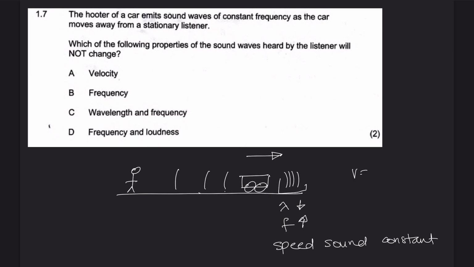Remember, v equals f times lambda, right? If the car is moving, it's going to be changing the wavelengths. And if the wavelength is either increasing or decreasing, that's also going to have an effect on the frequency since the speed is constant. So the answer is A.